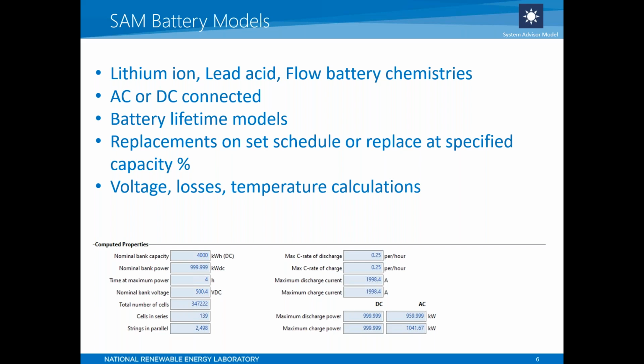You can specify detailed battery replacements on a set schedule, or you can set the battery to automatically have replacements at a specified remaining capacity percentage. There are also detailed voltage modeling, the ability for users to input battery losses, and battery temperature calculations that go into some of our degradation modeling as well.